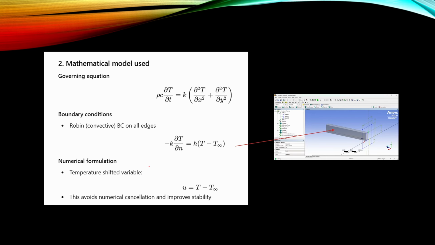And to get a more stable solution, we typically use, instead of temperature, this temperature difference: local temperature minus the temperature of the environment.